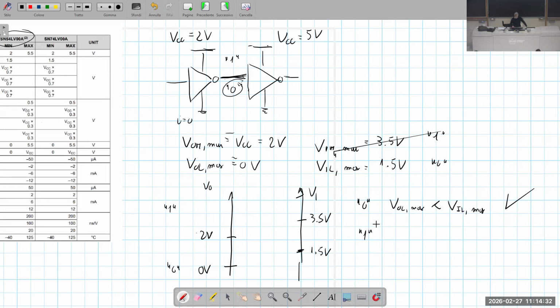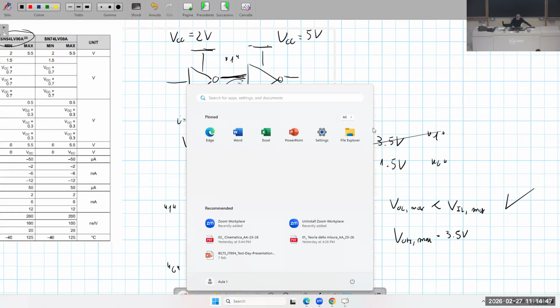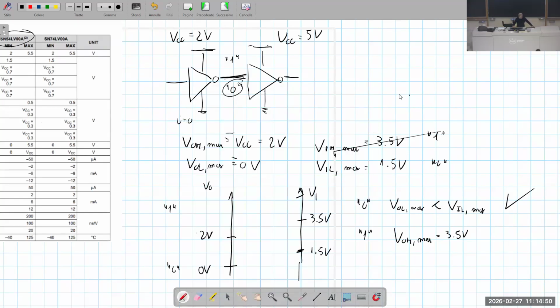But for the high logic level, we have that VOH is 2 volts, and we have to check that this is larger than VIH minimum, but VIH minimum is 3.5 volts.